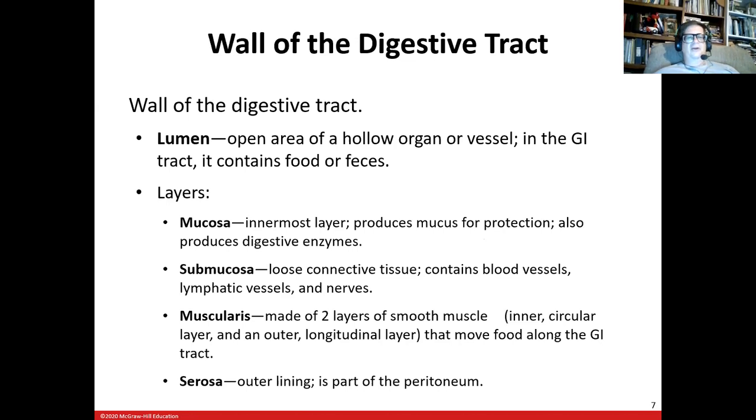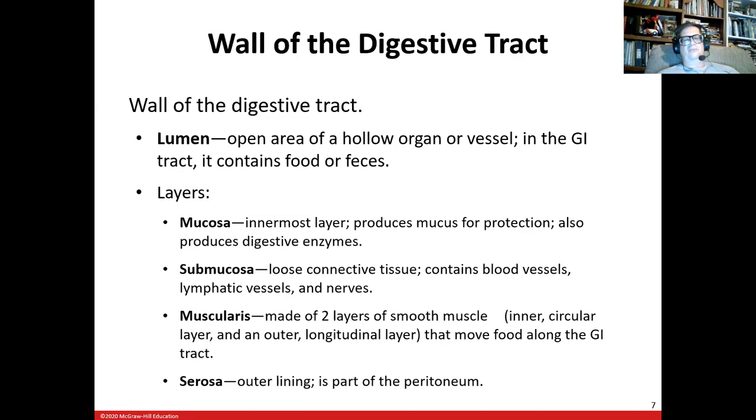Okay, so the digestive tract, we have a space in the middle of the organ we call a lumen. And then around that, lining that, we have a mucosa. That's the innermost layer. It makes mucus.